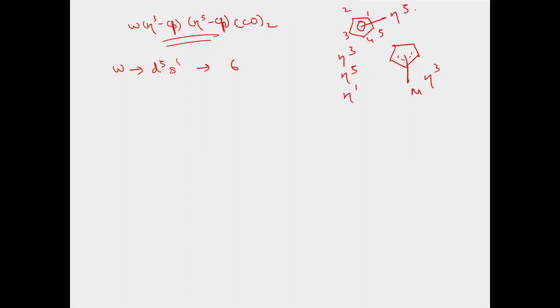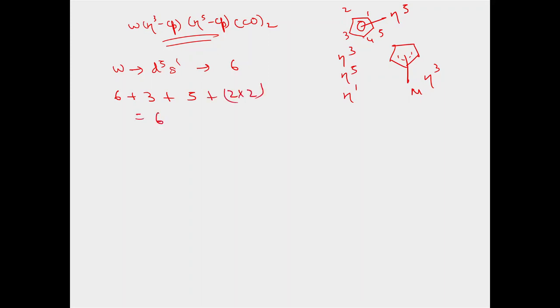So depending on the hapticity, we can deduce how many electrons it is giving. So 6 electrons are coming from tungsten. Eta 3 Cp means it is giving 3 electrons. Eta 5 Cp means it is giving 5 electrons. And carbonyls give 2 electrons each.